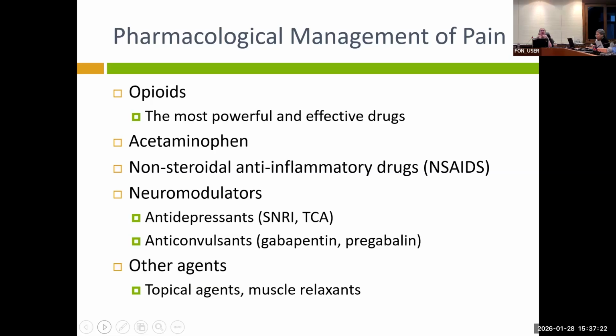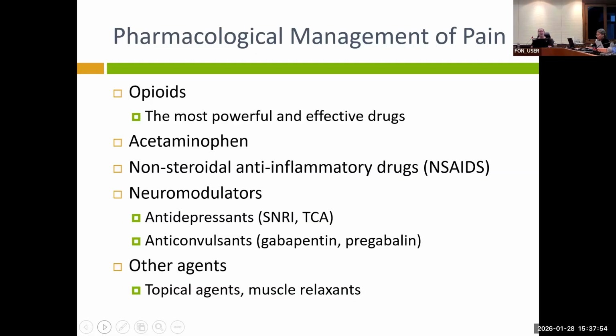So if we can move past the opioids and manage with acetaminophen, NSAIDs, neuromodulators like antidepressants, the SNRIs, the TCAs, the anticonvulsants, the gabapentin, the pregabalin, and the anticonvulsants in particular, gabapentin is my go-to for neuropathic pain. Just to say that I'm prescribing gabapentin right away for neuropathic pain.